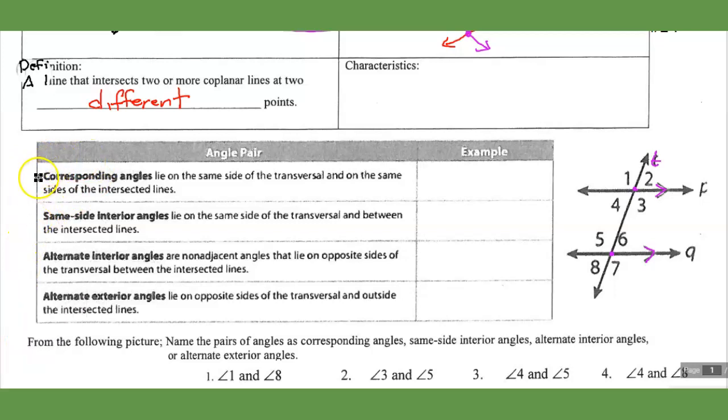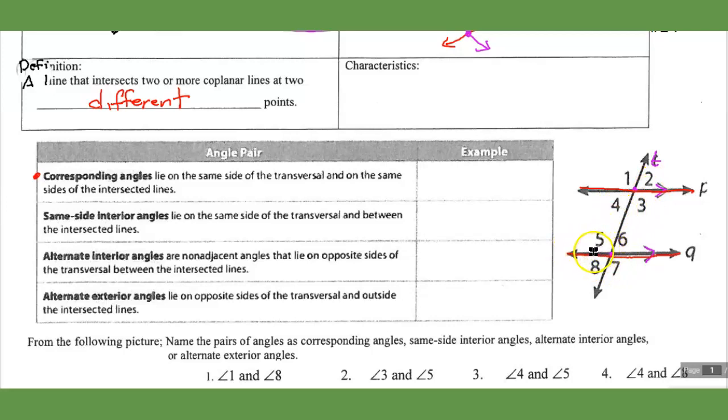So first we're going to do corresponding angles. Corresponding means they're pretty much in the same location along each of these parallel lines. There are four different corners for each of these parallel lines: 1, 2, 3, and 4, and then 5, 6, 7, and 8.